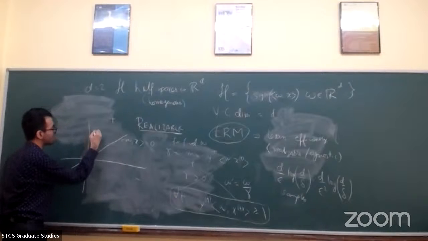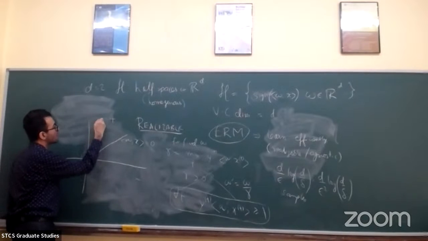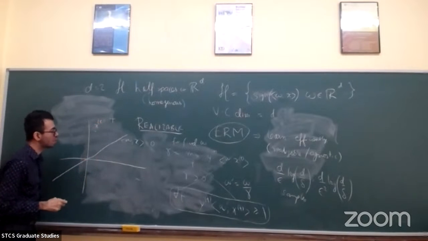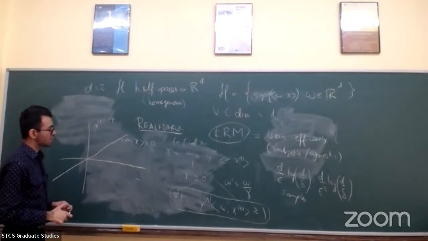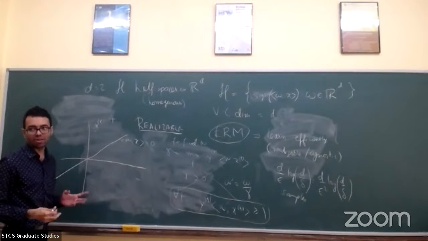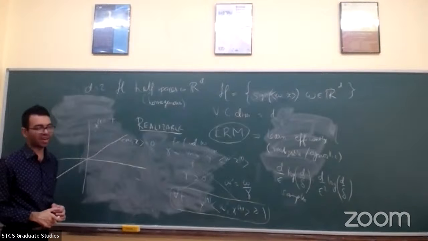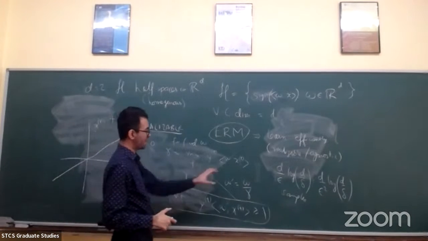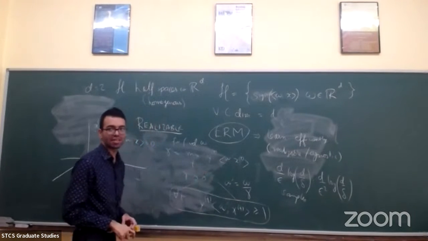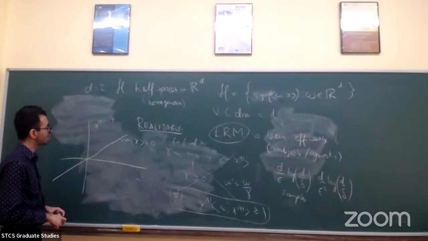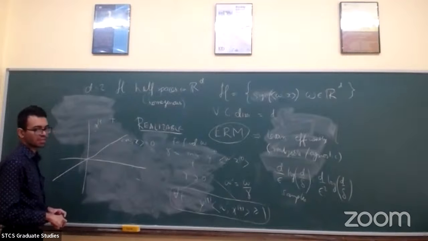Maybe it's here. So now I want to ask, what is the geometric interpretation of W inner product x2? Any idea?